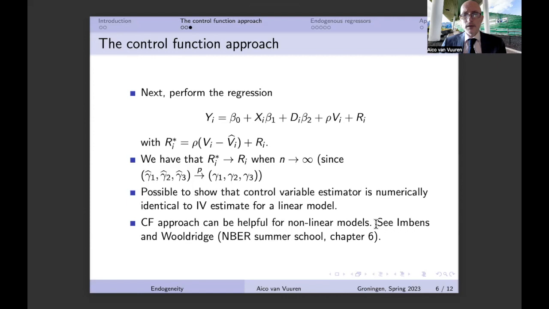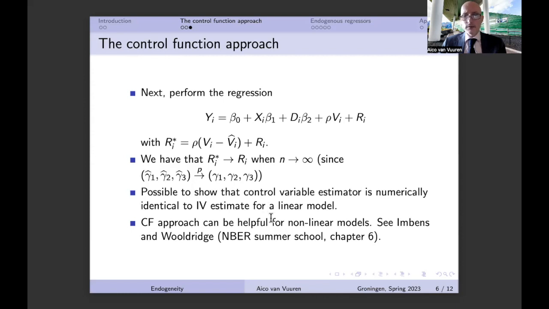They will not be more or less identical, but exactly identical. So now you can ask yourself the question, why do we actually discuss the control function approach if it gives us exactly the same results? Well, the answer to that is that this is only true in the linear case.